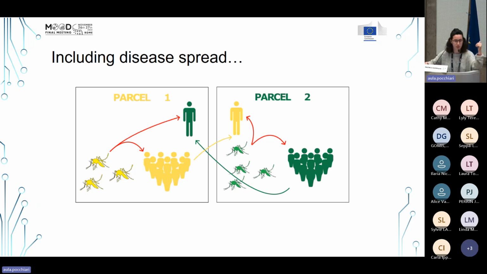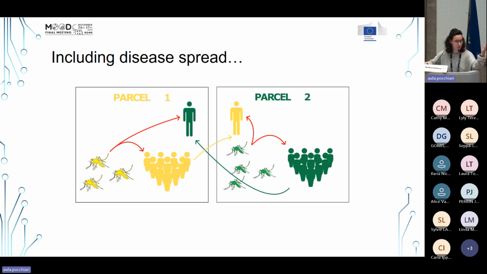And upon request of the users, especially in the south of France, where the mosquito-favorable period is related to the touristic period, they were really interested in knowing how the disease could spread based on human mobility.